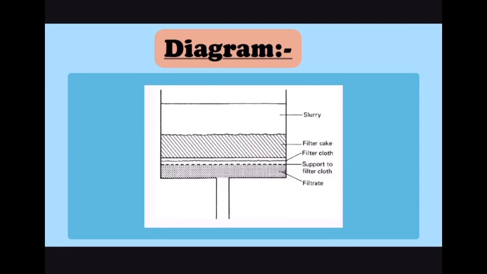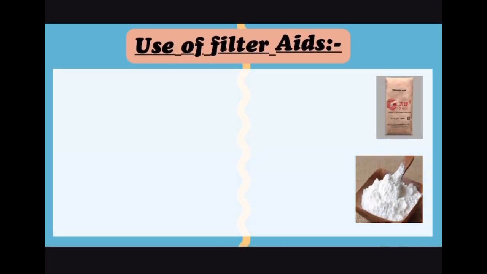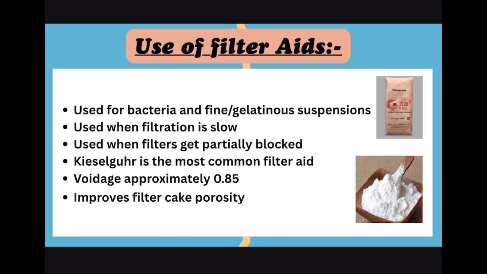Now let us continue with the use of filter aids. Filter aids are materials added during filtration to improve its efficiency. They are mainly used when the suspension contains very fine or gelatinous particles such as bacteria. Filter aids are especially helpful when filtration becomes slow or when filters get partially blocked.